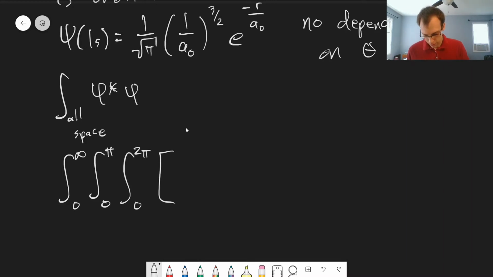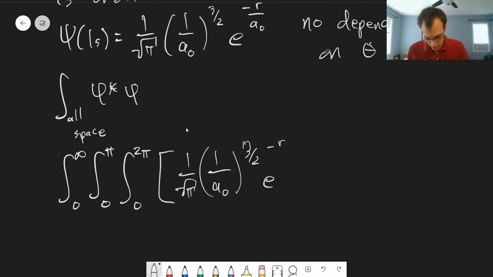And then, because this isn't a complex wave function, psi star and psi are the same, so we'll just take the square. So we have 1 over square root of pi, 1 over a naught to the 3/2 power, e to the minus r over a naught, squared.